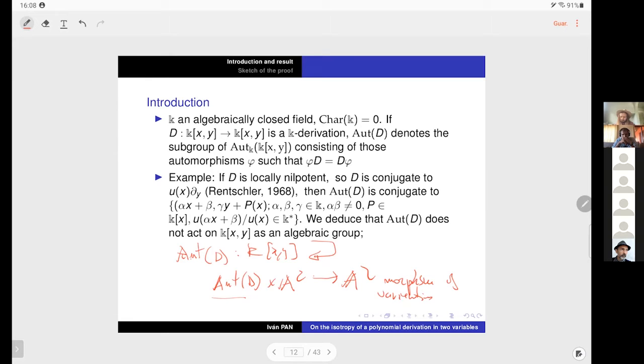The reason is that an algebraic group is an algebraic variety, so it depends on a finite number of parameters. But here this group depends on a polynomial, which is arbitrary, and so it depends on an infinite number of parameters, because the degree is not bounded. So in this example a locally nilpotent derivation admits a non-algebraic isotropy.